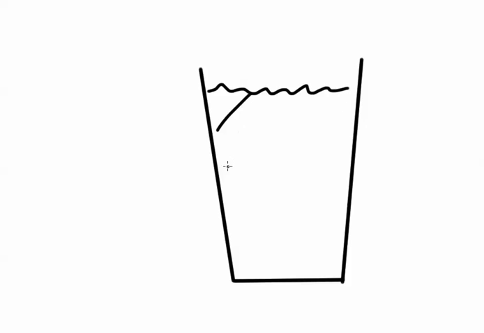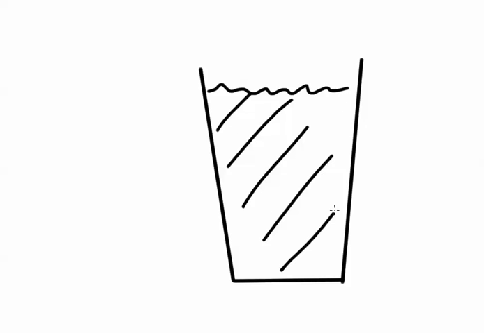Suppose there's a glass of water like this, and here's some water, and a ray of light hits it like this. So how does the light bend? Does it bend down? Or what if the light is coming in this way? So now the light doesn't bend down, it actually bends sort of more up.